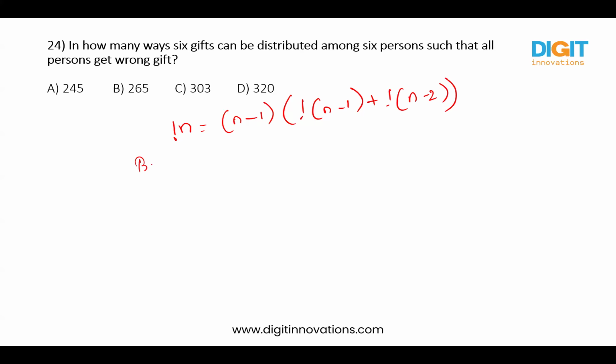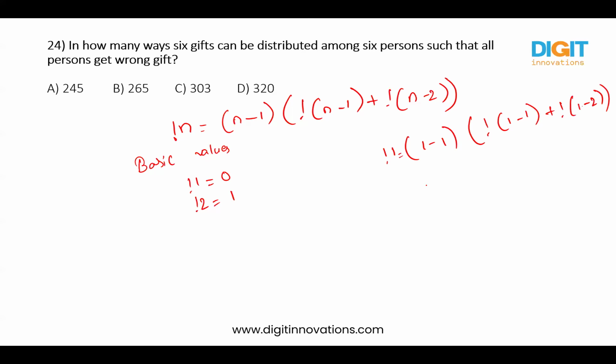So the basic values: the derangement of 1 is 0, and of 2 is 1. I'll tell you how I got this. When I place one value here, the derangement of 1 equals 1 minus 1, so whatever you multiply it with here, you will always end up with 0 only, right?